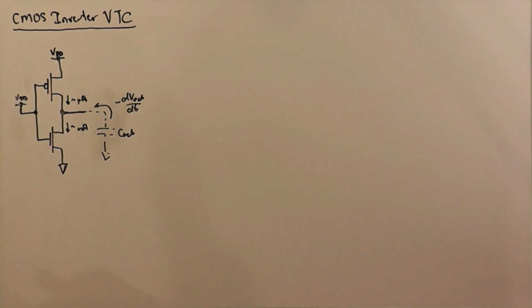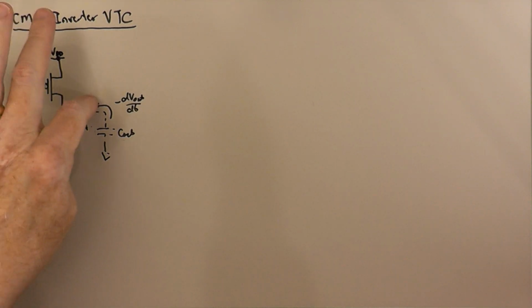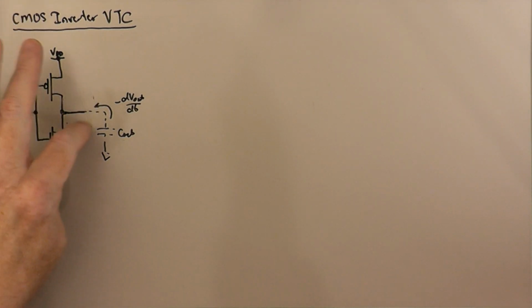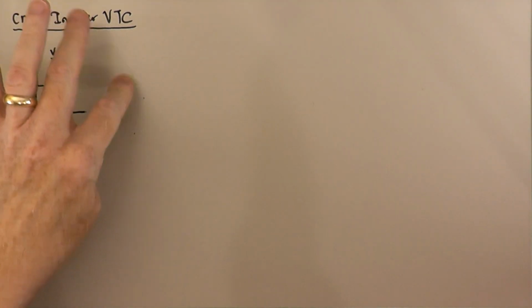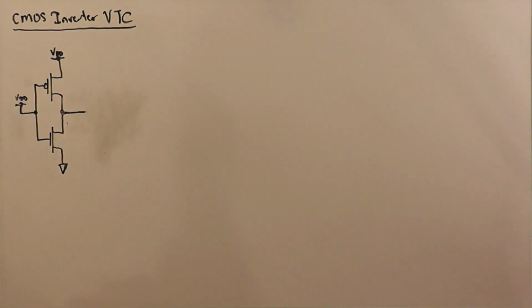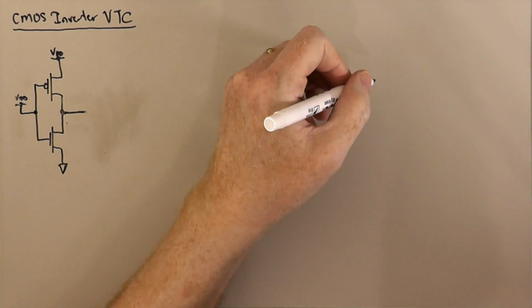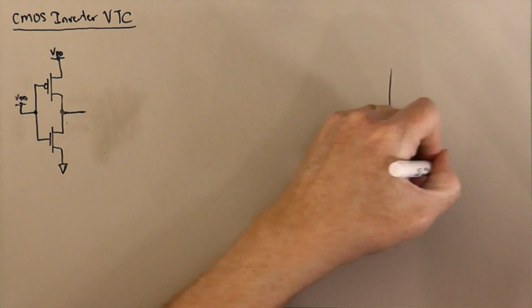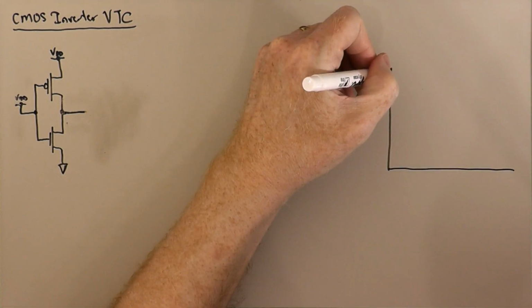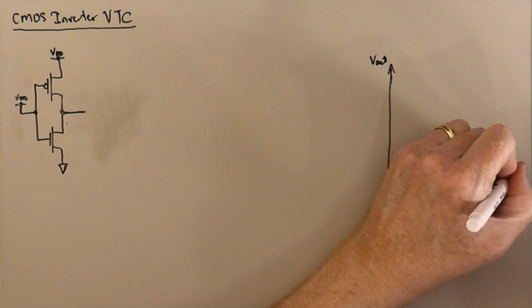And so that's kind of 2 points on the characteristic, but what we would like to do is to construct what the whole curve looks like. And so to do that, I'm going to sketch the voltage transfer curve maybe over here somewhere. Okay, so this is V out versus V in.